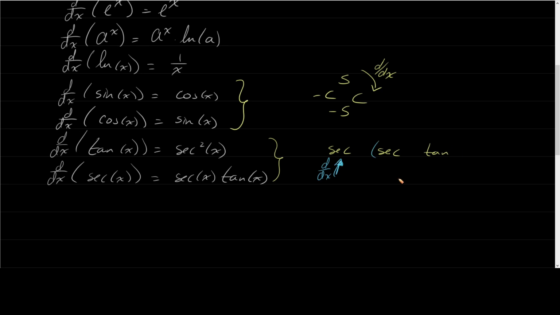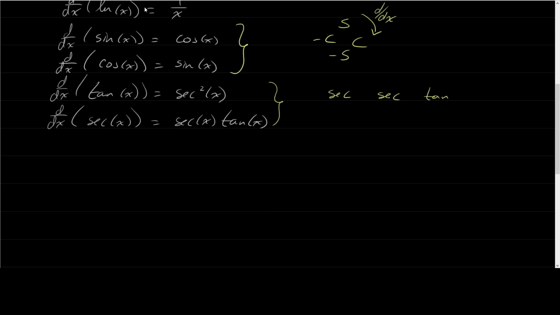If I take the derivative of this one, I end up with secant times secant, in other words, secant squared. All right. So that's the way that you want to look at that.